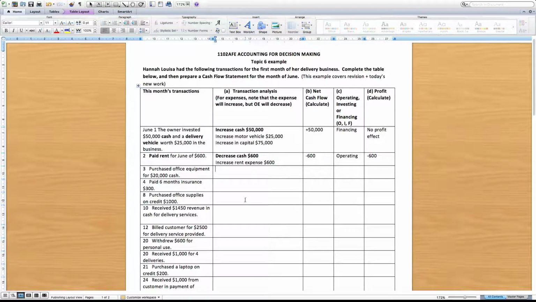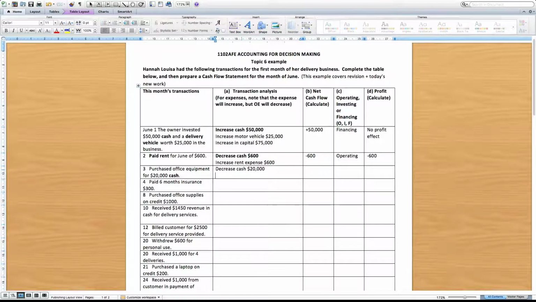June the 3rd, we purchased office equipment for $20,000 in cash. So when the word cash is there, you know straight away cash is involved. This is something for our cash flow statement. So we purchased the office equipment, so that's indicating that our cash is decreasing. It's a cash outflow.